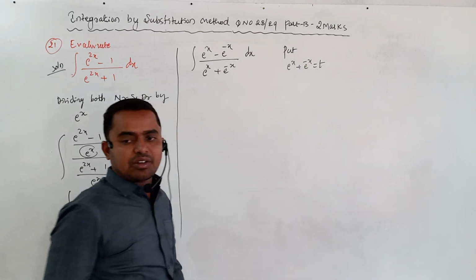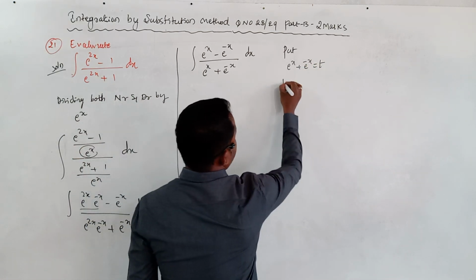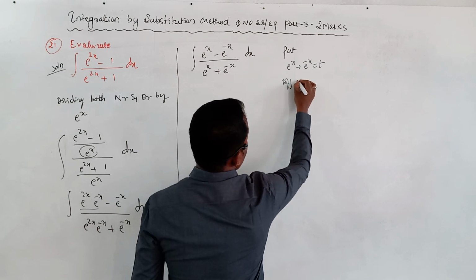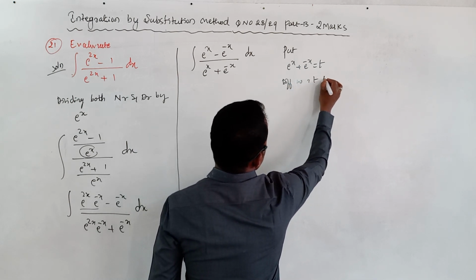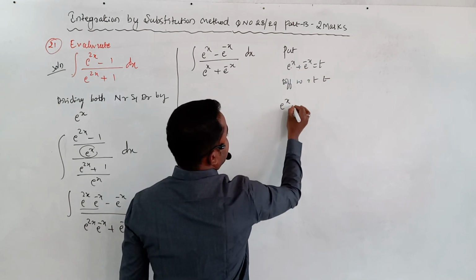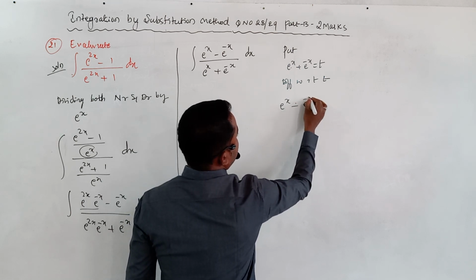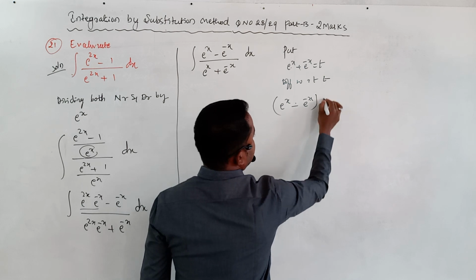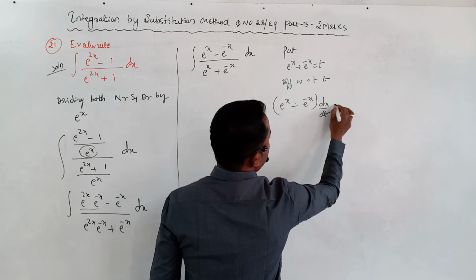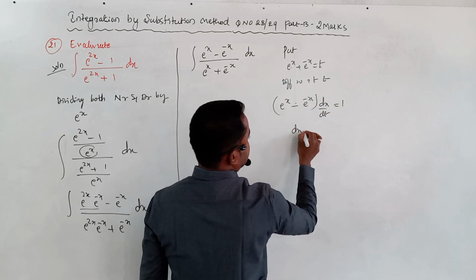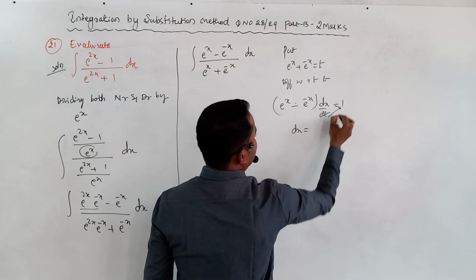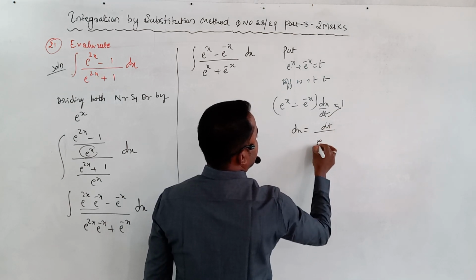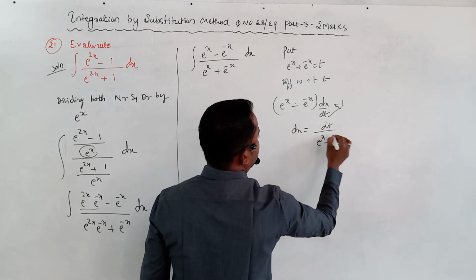Now differentiating with respect to x, sorry, differentiate with respect to t. Derivative of e^x is e^x, and of e^(-x), this plus will become minus. dx by dt is equal to 1, so dx is equal to dt divided by (e^x - e^(-x)).